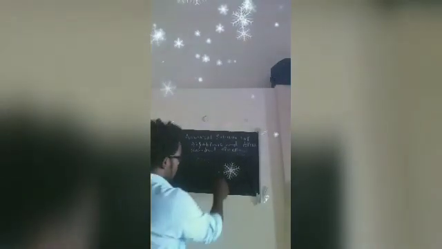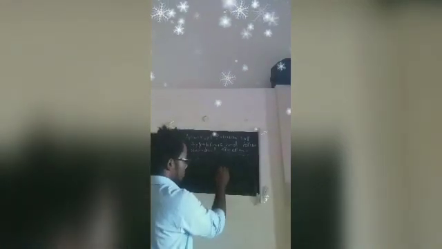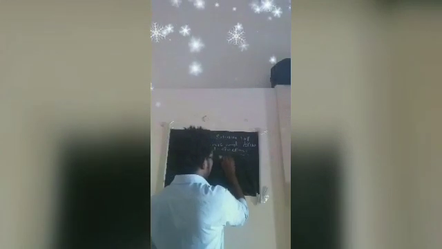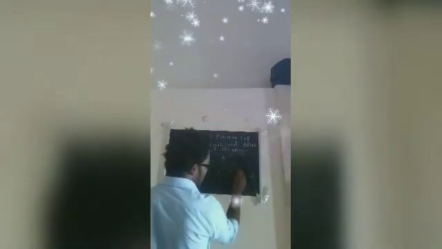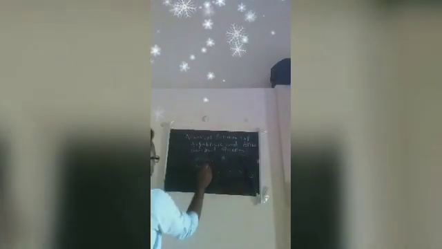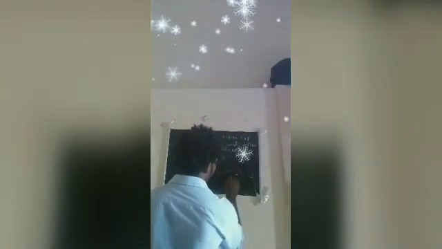If the degree of the function is more than 2, we call that function a polynomial function. So the condition for an algebraic function is that it should be a polynomial. That means if f of x is equal to 0, then this f of x should be a polynomial, with degree more than 2.